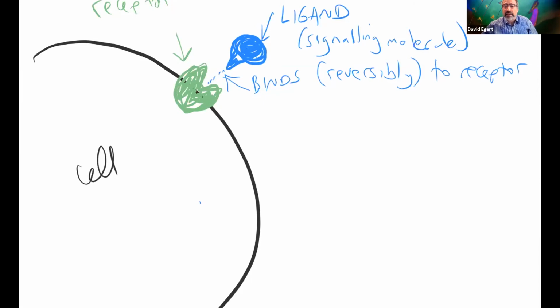The binding is similar to what we talked about when we talked about receptor and substrate binding, in that it's very shape specific, shape and chemical property specific.